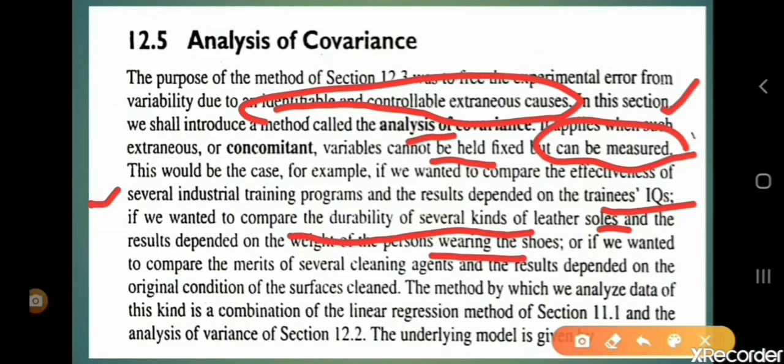So we can measure this variability rather than fixing these variations.